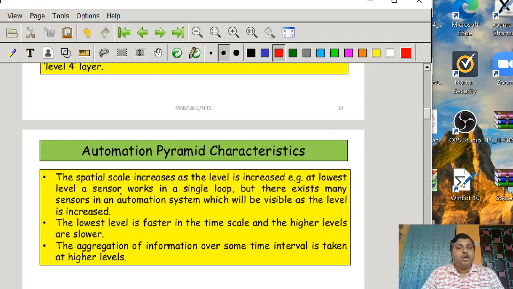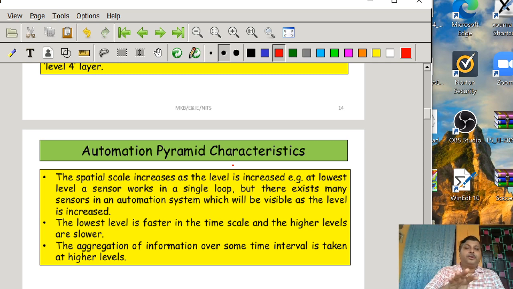Okay, so as we have understood, a characteristic of the automation pyramid is that the spatial scale increases as the level increases. For example, at the lowest level, a sensor works in a single loop, but there exist many sensors in an automation system, which becomes visible as the level increases.